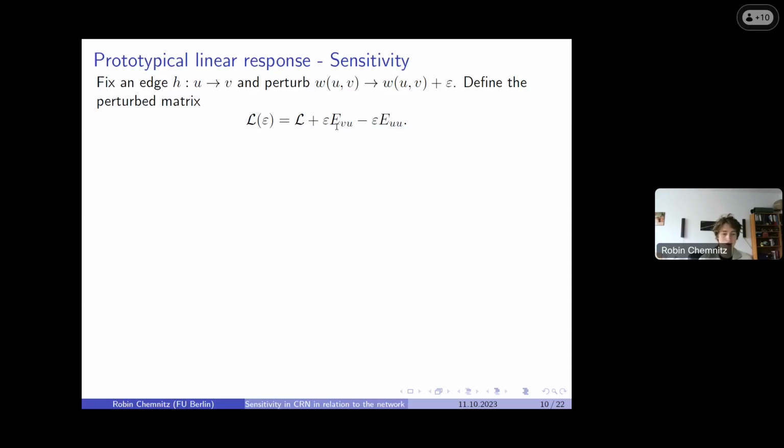So this E, large E here, is the matrix which has only one 1 and the rest is 0. And this 1 lies in the position VU. So this VU corresponds to the weight of UV. There's this flip again. And since the columns need to sum to 0 and we change the outgoing weight by plus epsilon, we need to subtract epsilon from the diagonal entry in U.